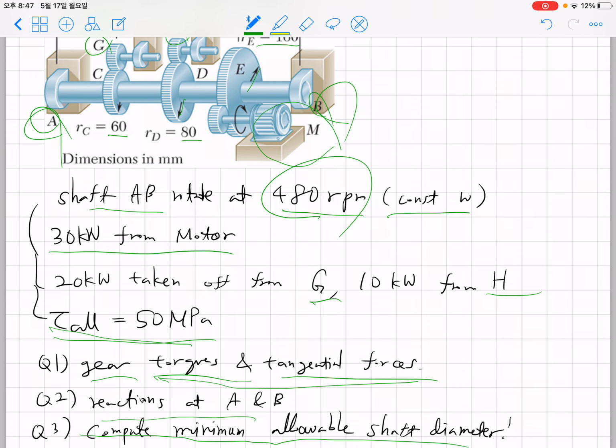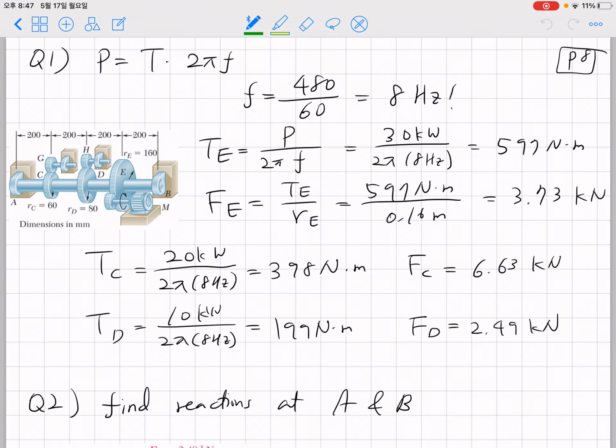To solve the torque and force problem from the kilowatts, the power, we need the equation P equals T times 2 pi f. So the power is given as torque multiplied by 2 pi f, or omega, and f is the frequency, 480 RPM divided by 60.